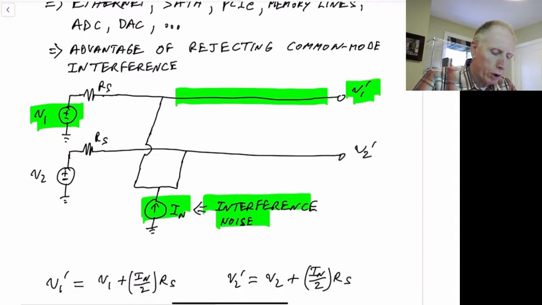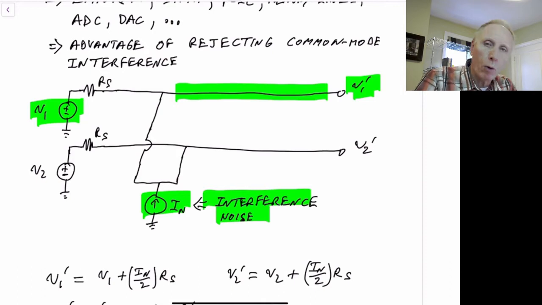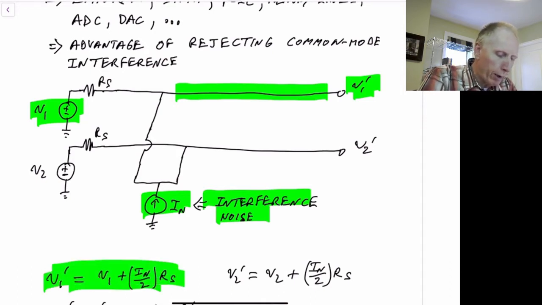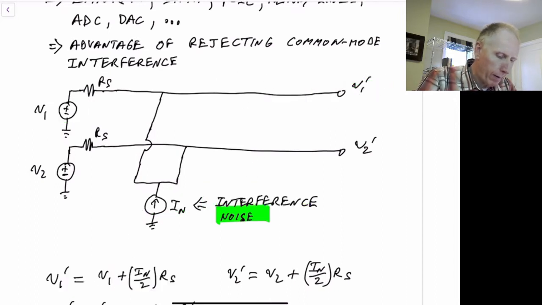So we can show that the output voltage here, V1 prime, will equal the original voltage V1 plus, in this case, half the current, assuming half goes to V1 prime and half goes to V2 prime.